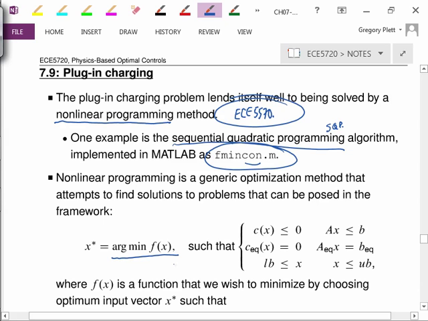We first define a cost function f of x, and x are the variables that I can change. In our case, x is a vector of current versus time for charging the battery pack, and f of x is some accumulated degradation, and I want to find the vector x of current versus time that is going to minimize the degradation that occurs.